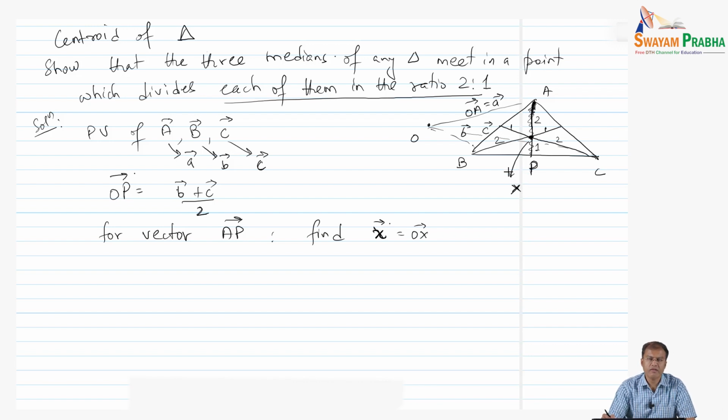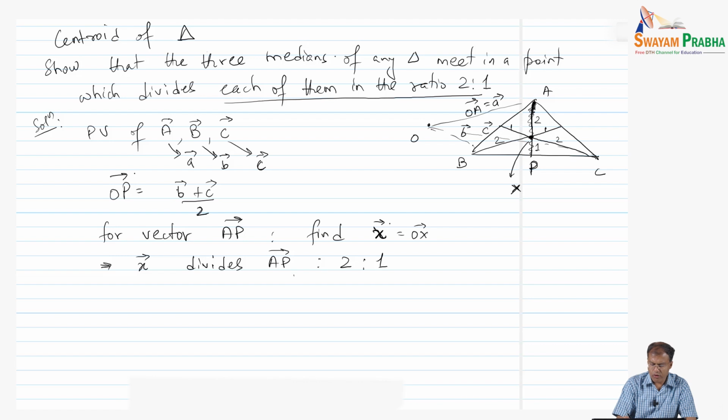So basically we have to find this point X. Now, notice that the position vector x divides AP in the ratio 2:1, so it divides AX to XP in the ratio 2:1.